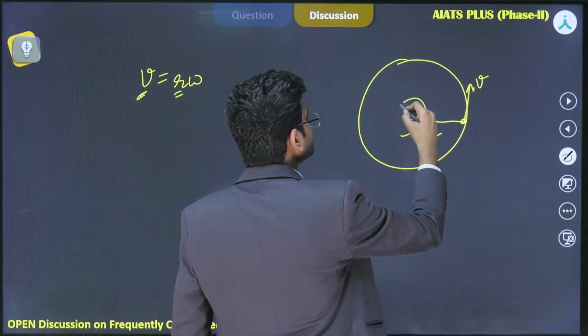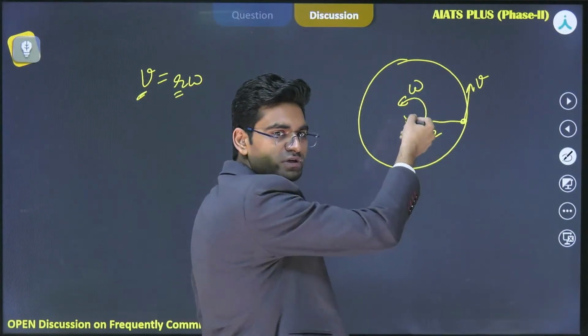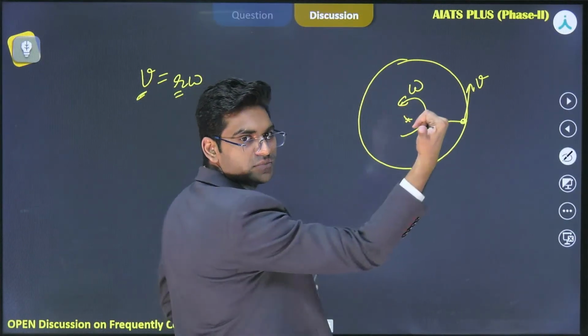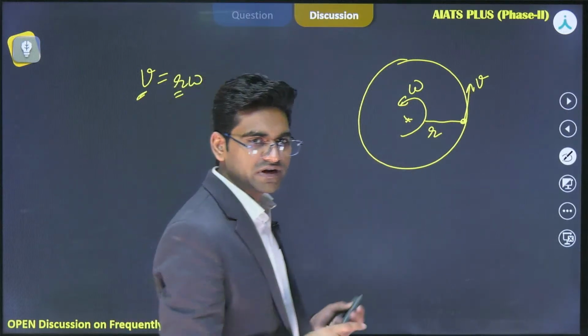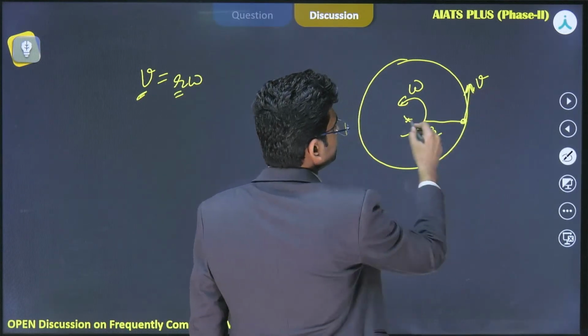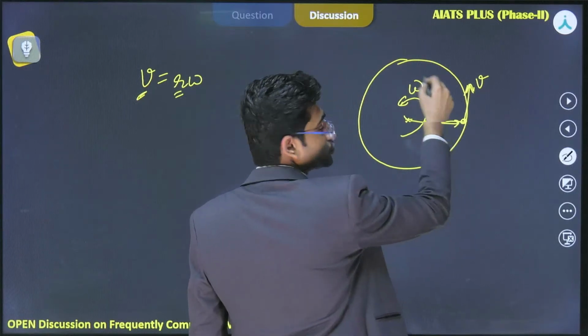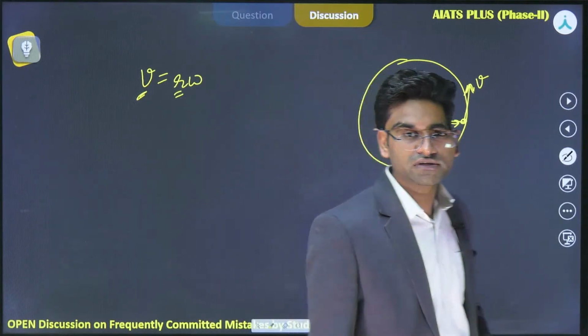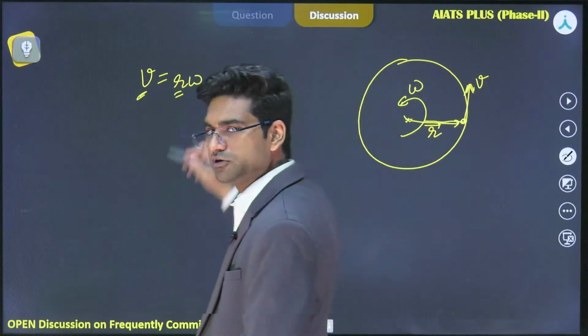So omega is in this direction, coming out of the board. These are the three vectors: v the velocity vector, r the radius vector, and omega, which is coming out of the board. So this is v equal to r omega.